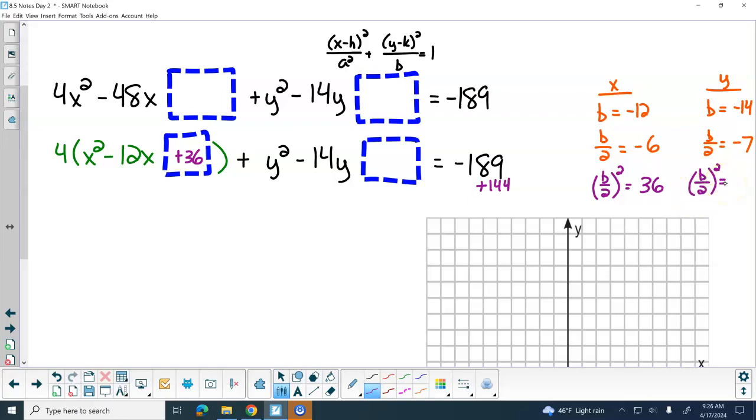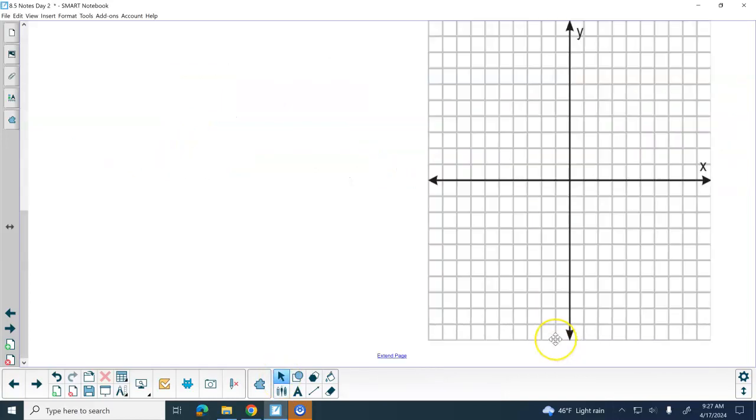Negative 7 squared, 49. So I'm adding 49 here. What am I really adding on that side? Just 49. So I need to add 49 on the other side. You always do that, right? Correct.